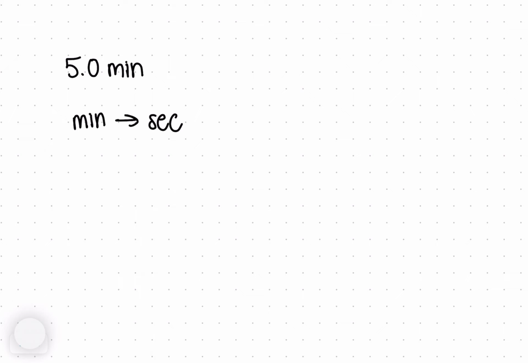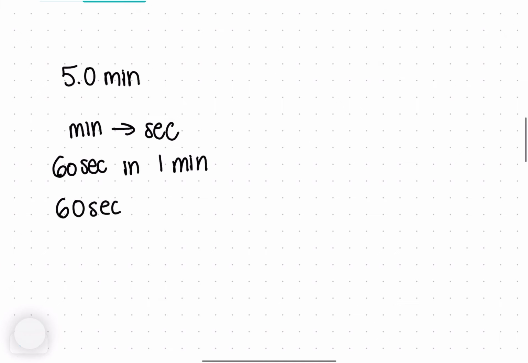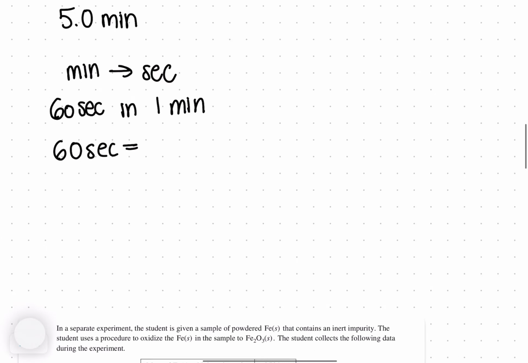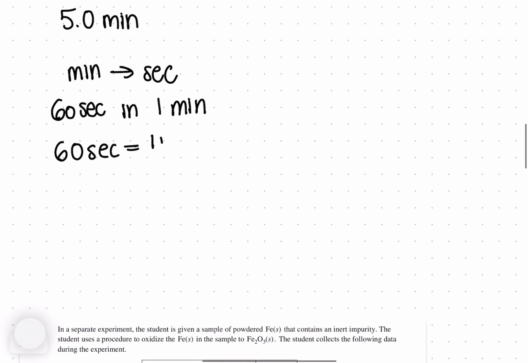I think the most commonly known conversion between minutes and seconds is that there are 60 seconds in 1 minute. Right? So we could also say 60 seconds equals 1 minute.